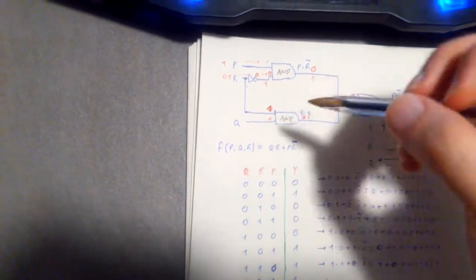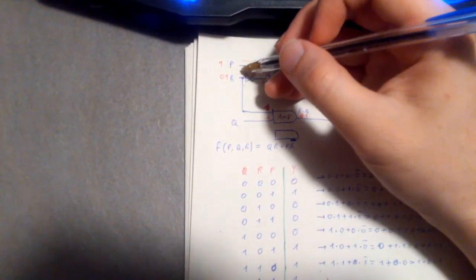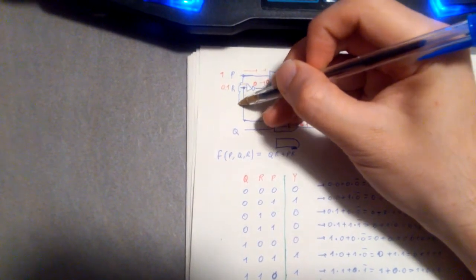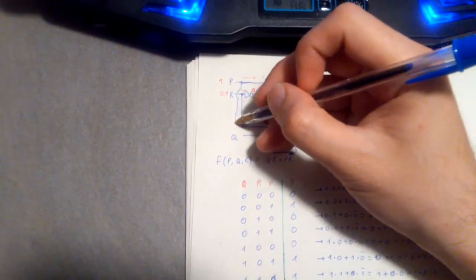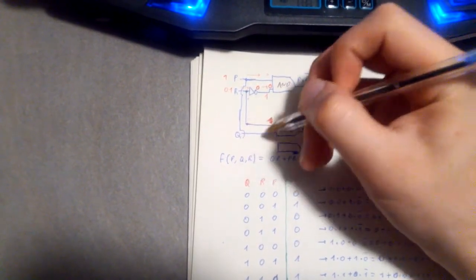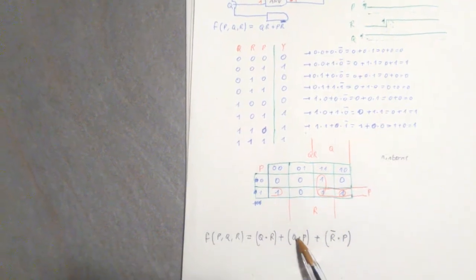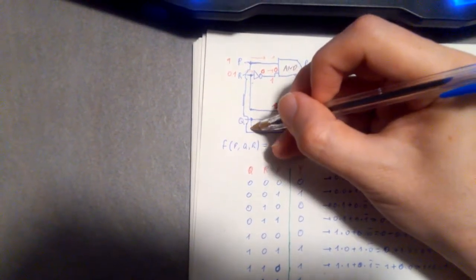But now we're also going to have an additional AND gate which takes the input from P. Let me draw it properly. Okay, like this. It takes the input from P because it's QP, and also the other input from Q. So from Q as well.